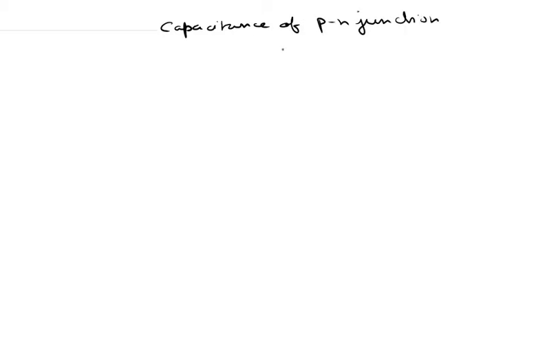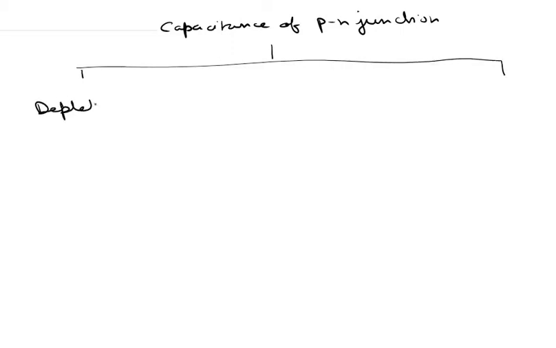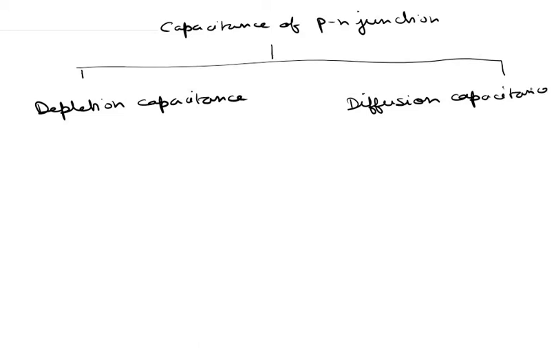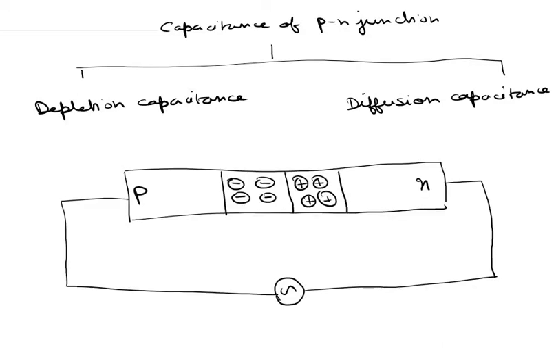One is known as the depletion capacitance, and another is known as the diffusion capacitance. So let us understand what depletion capacitance basically is. So let us consider a p-n junction diode which is connected to an AC voltage source.